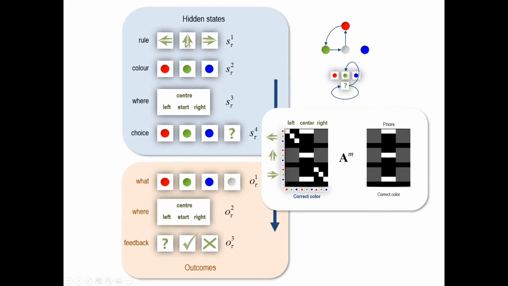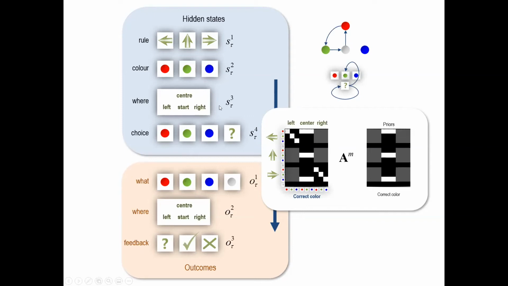I need to know whether the correct color is the central color, or whether it's the color of the circle on the left-hand side or on the right-hand side. I need to know what the color of the circle is. I need to know where I'm currently looking, and I need to know what I have chosen in order to generate some feedback.